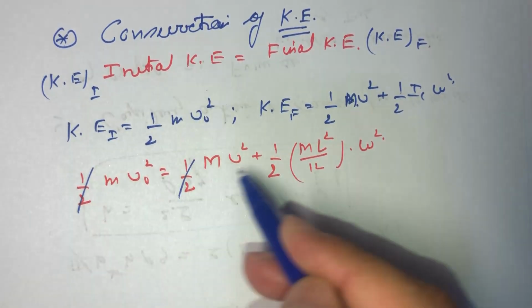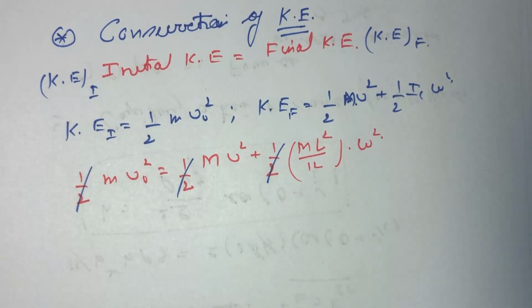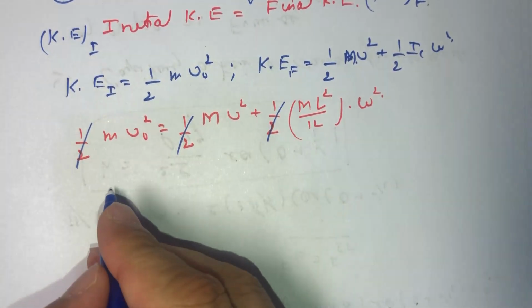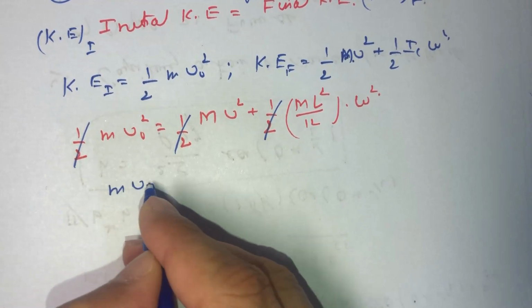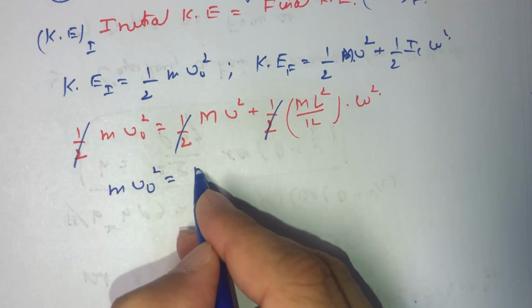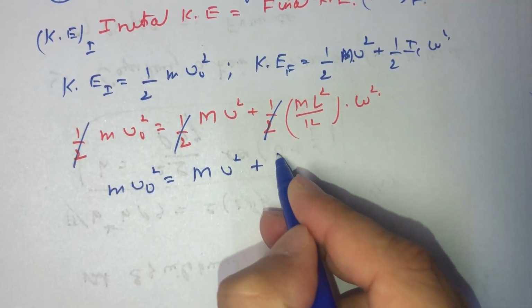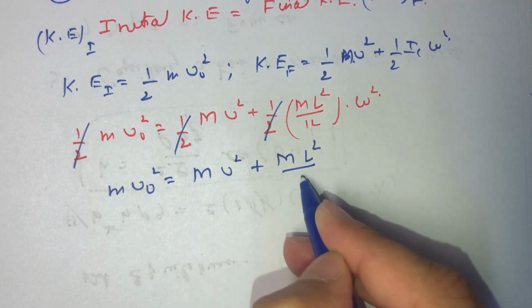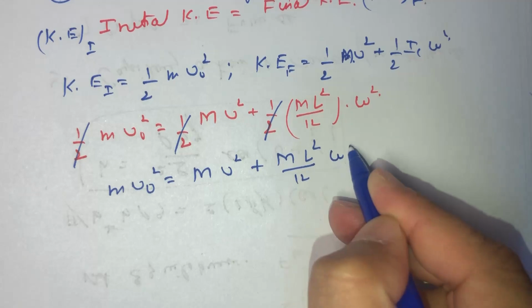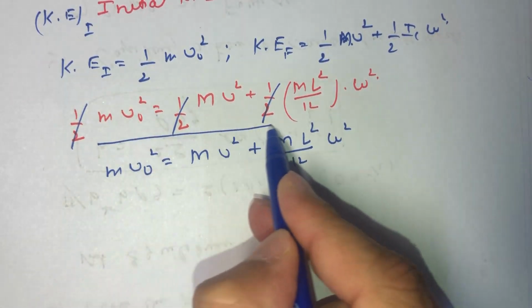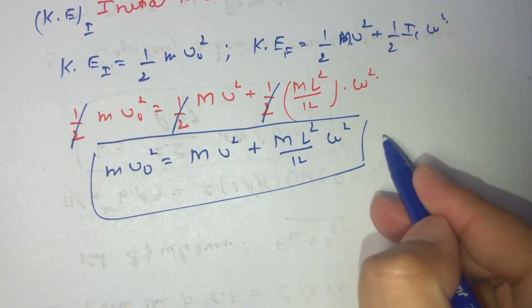So this half cancels out throughout, so we get that m v naught square is equal to capital M v square plus m L square upon 12, and we have omega square. Let us call this equation number 3.